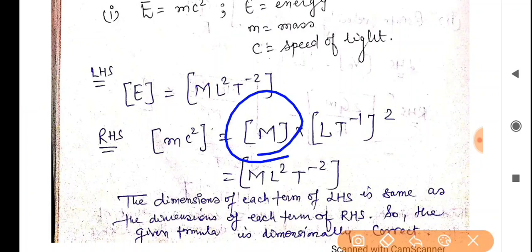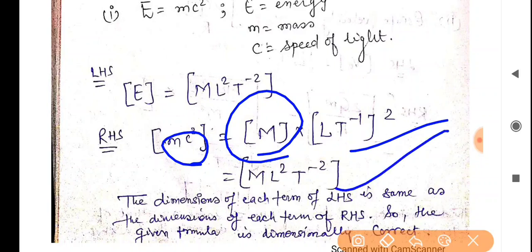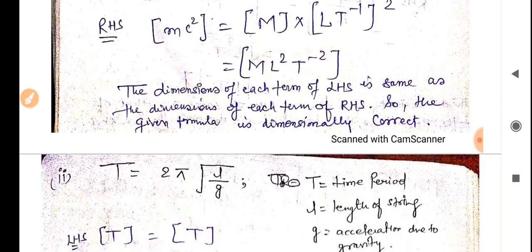M is for mass, and c is the velocity, (LT^-1) whole square, which will give you ML^2T^-2 on opening the bracket. The dimension of each term of RHS is the same as the dimension of each term of LHS. Both are the same, so the given formula is dimensionally correct.